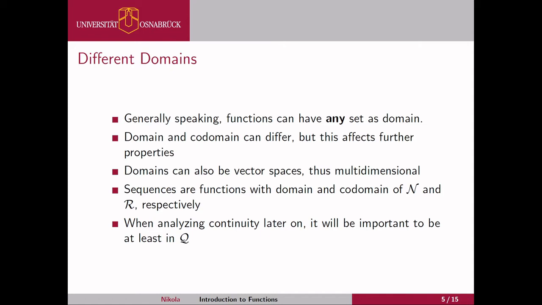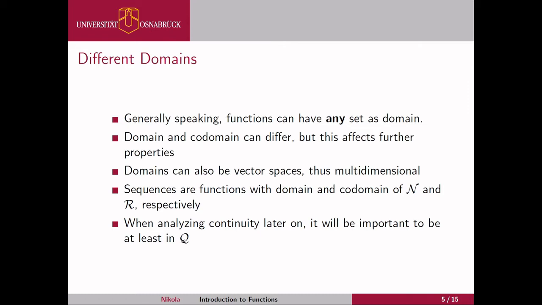And maybe one thing which you will wonder: what makes sequences specific as functions? If you look at a sequence, at its plot, if you're a programmer, you might call it a scatter plot, right? Just dots all over the place. Whereas what we usually would call a function is something with a graph, something with a line that you can draw with the pen, which goes through your figure.